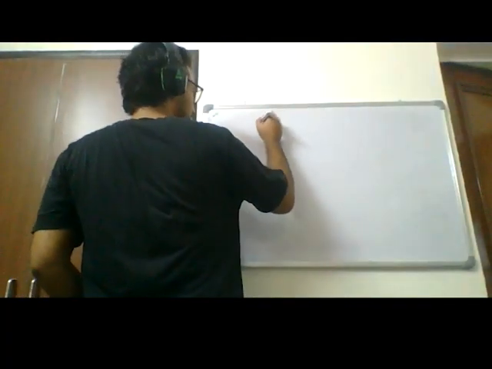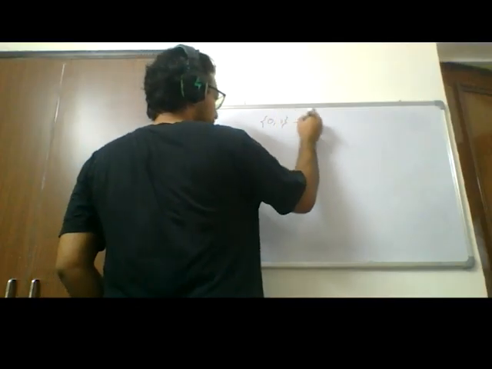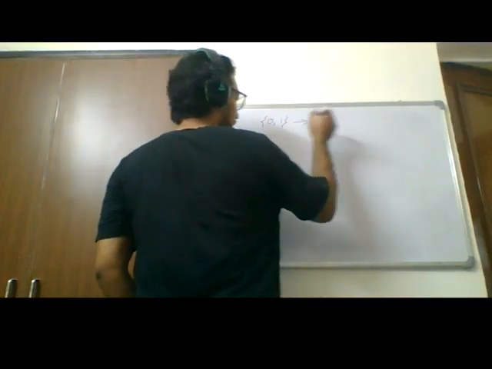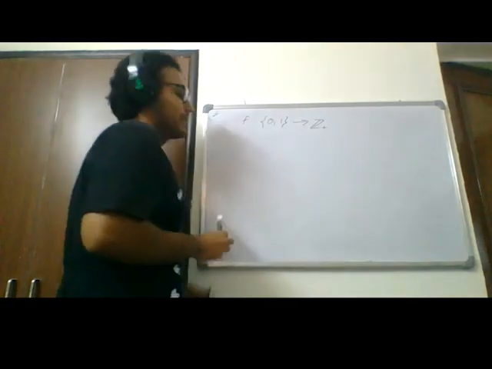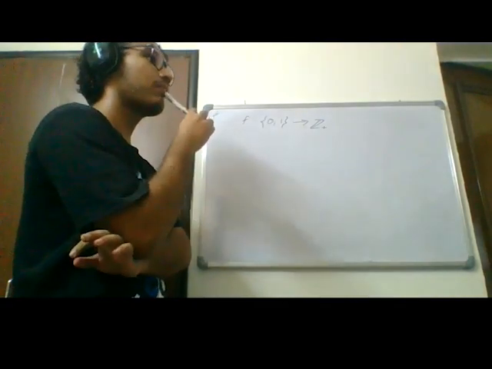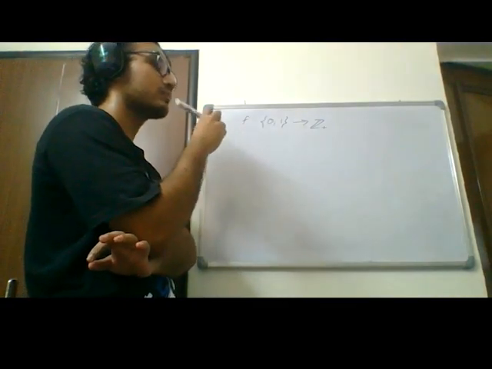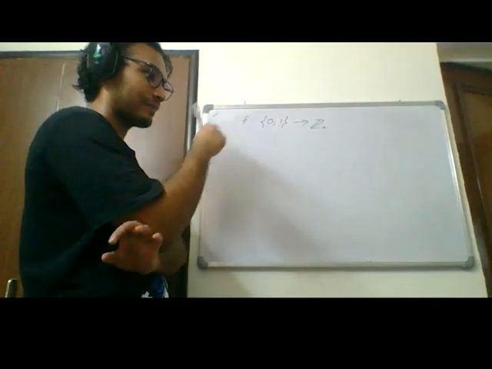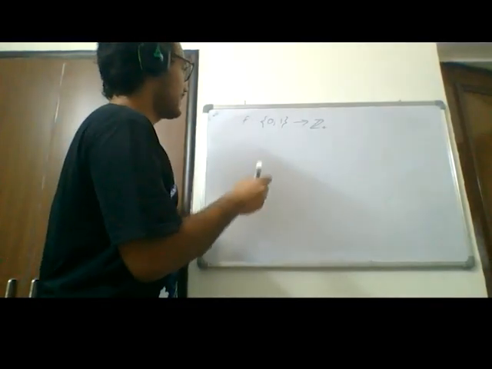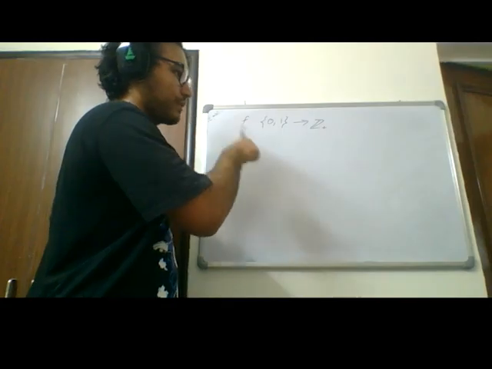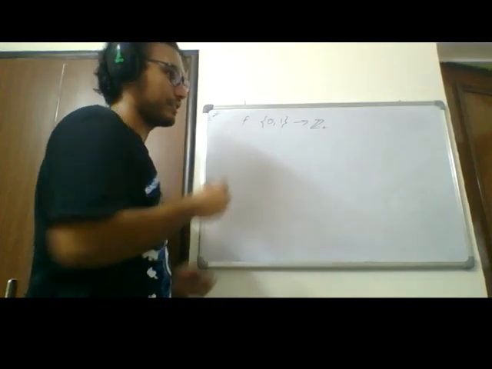The set of all functions from {0, 1} to z. Let's see. Each function is going to be what?